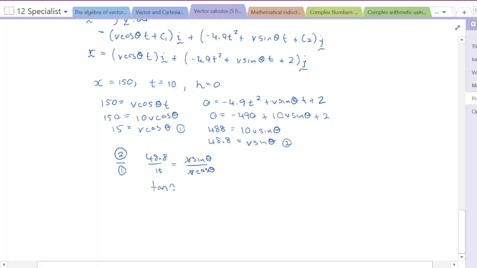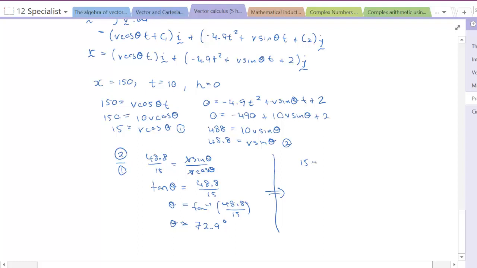So we end up with tan theta is equal to 48.8 on 15. And if we want to find the launch angle, then it's going to be arctan of that ratio. And we end up with an angle that's approximately 72.9 degrees.